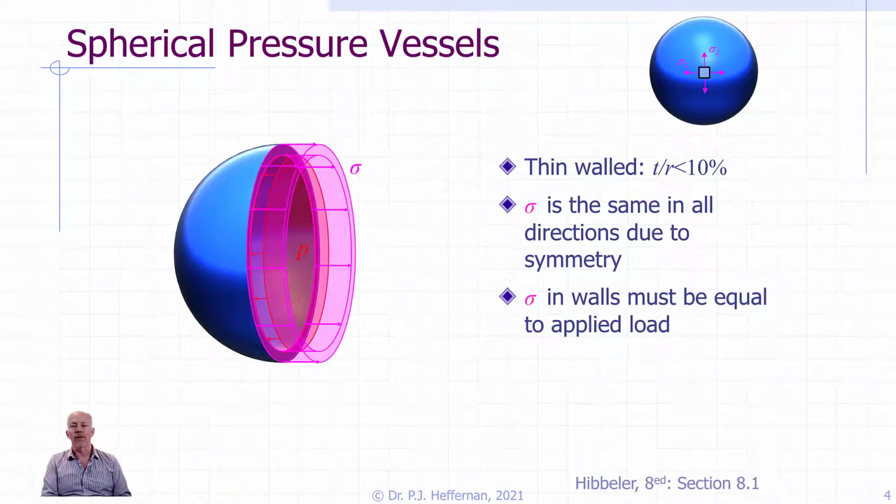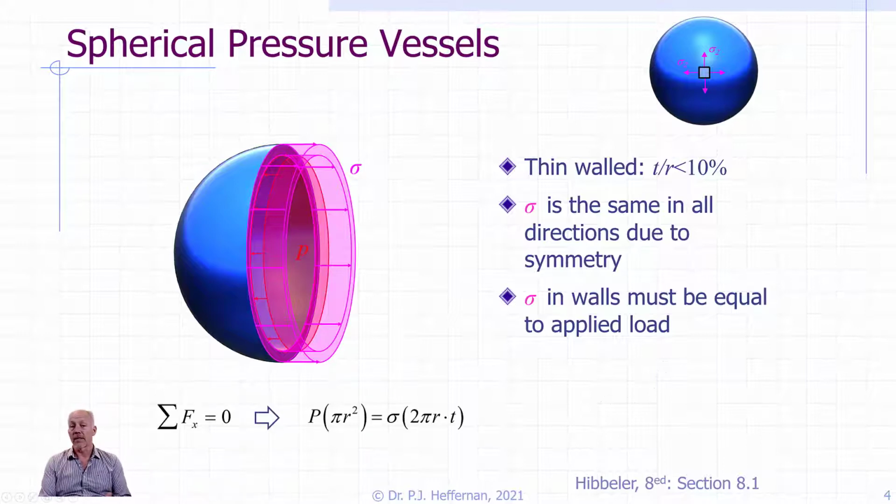And so we know that we're going to have a normal stress in that wall acting opposite to the pressure. And so we see it going to the right, a magnitude of sigma, uniform over the entire area of the cut plane of the hemisphere.